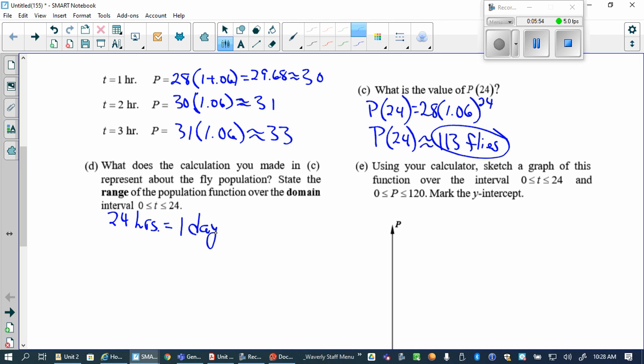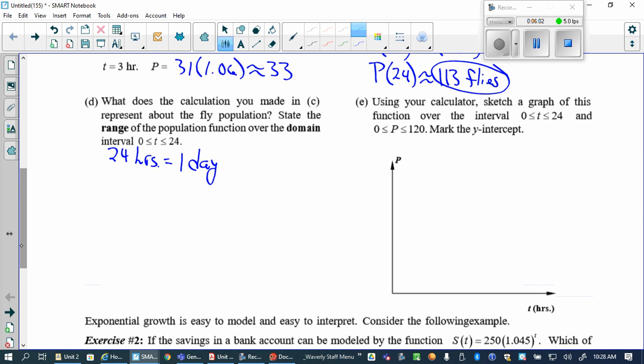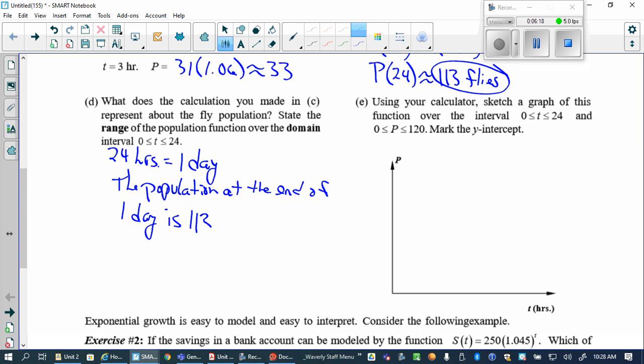So what could we say about this? Population at the end of 1 day is 113 flies. That's what we can say. The population at the end of 1 day is 113 flies.